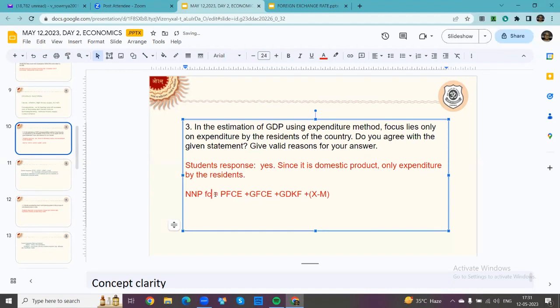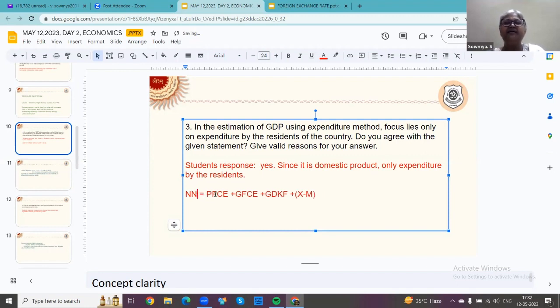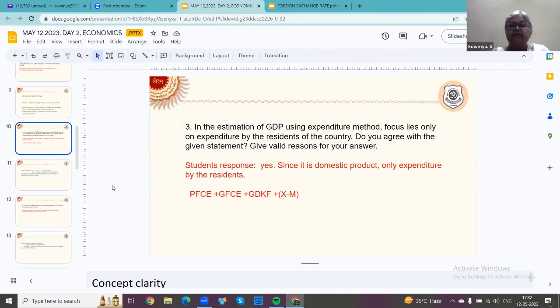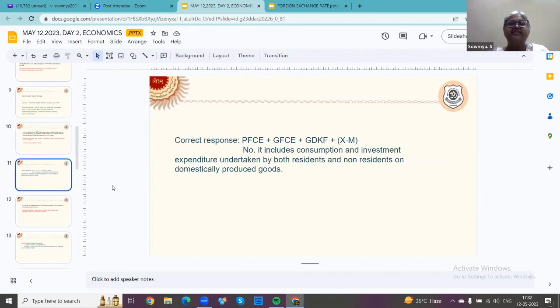Yes, that's one common, big error, right? How much of a difference is there between NNPFC and GDPMP, isn't it? So through which method, what aggregate they are going to arrive at, they should know. For that, the concept clarity should really be there.